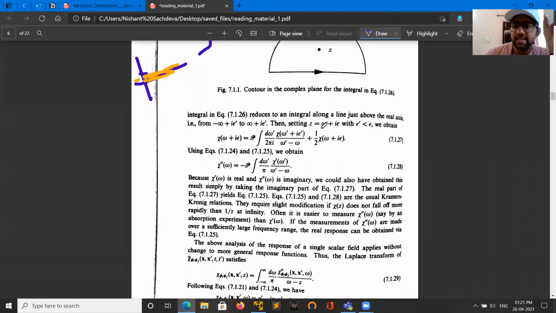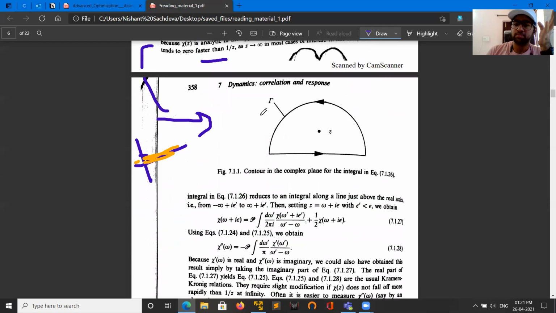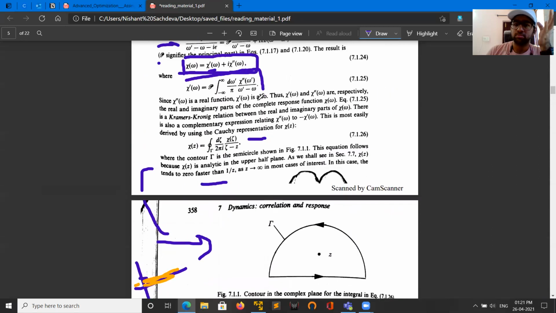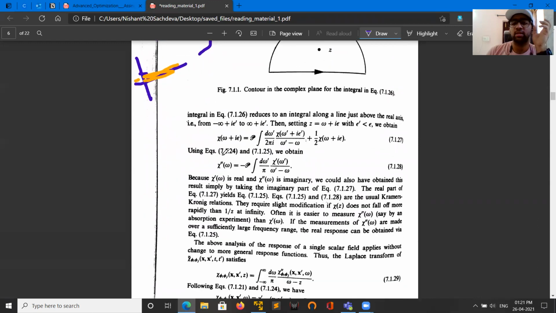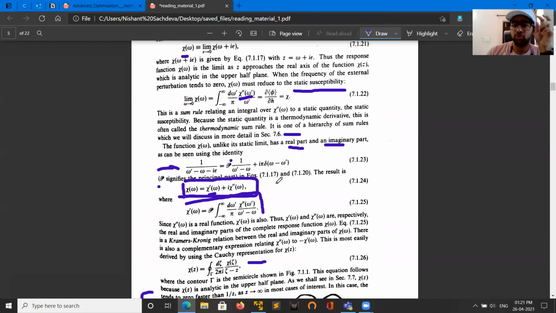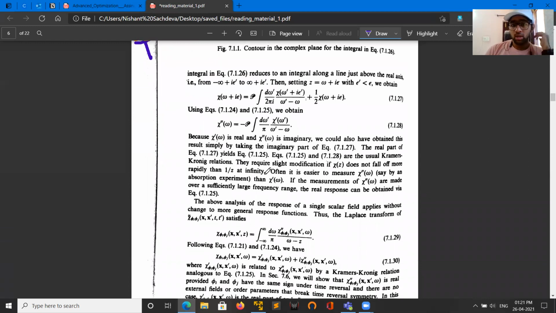Now we set z as omega plus iota epsilon, with epsilon dash less than epsilon, and we obtain this particular equation. We substitute this in the above equations, so we have to obtain this particular integral. Now we use equations 7.1.24 and 25, and we obtain another integral for x double dash of omega.